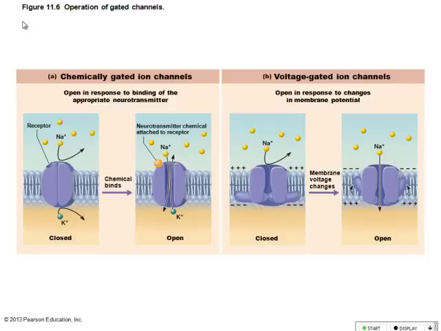And these are the three pathways that we find information passing in the nervous system, both central nervous system and peripheral nervous system. Many of the neurons that we find in the peripheral nervous system are going to be mainly motor or sensory.